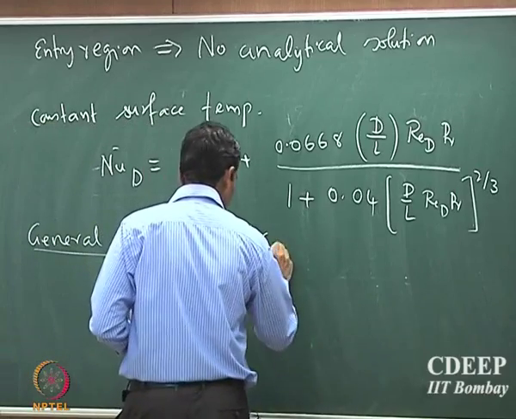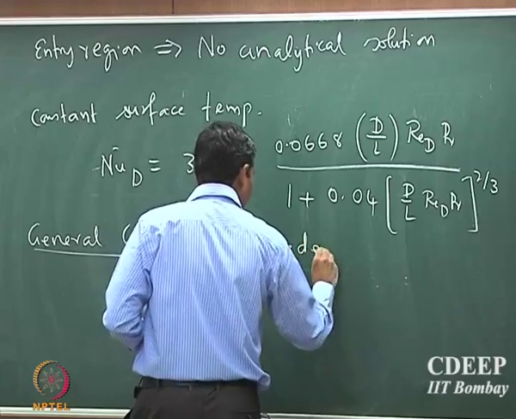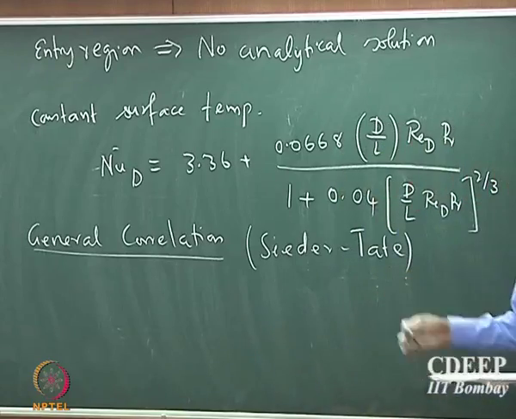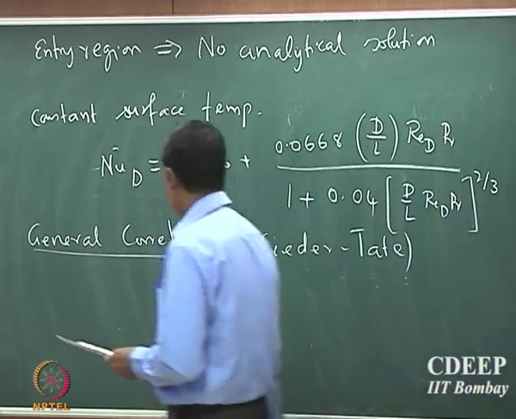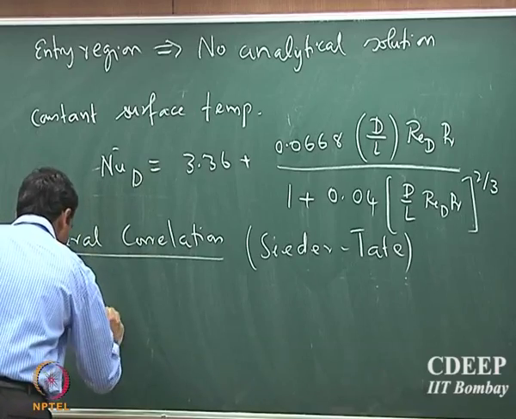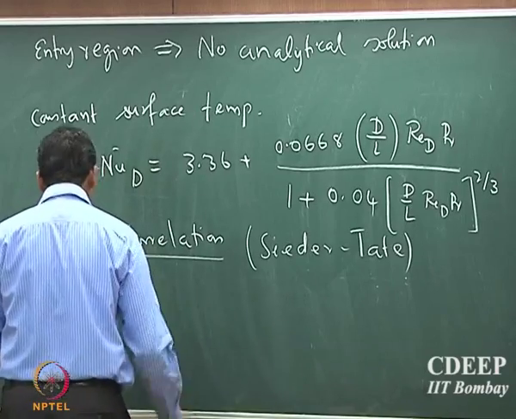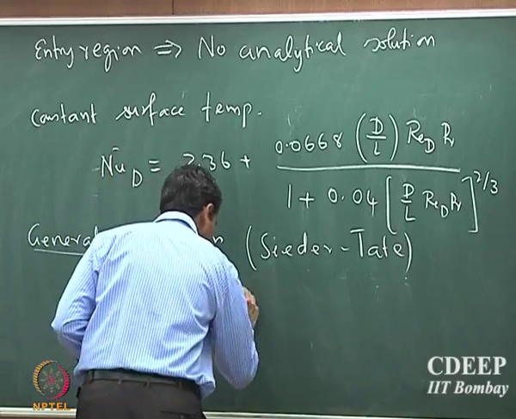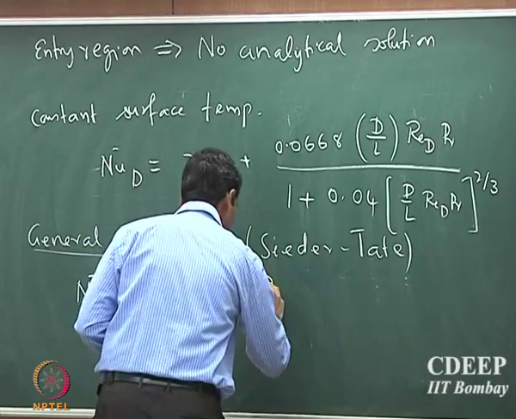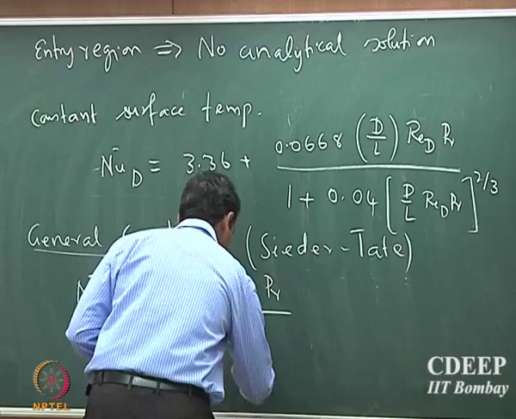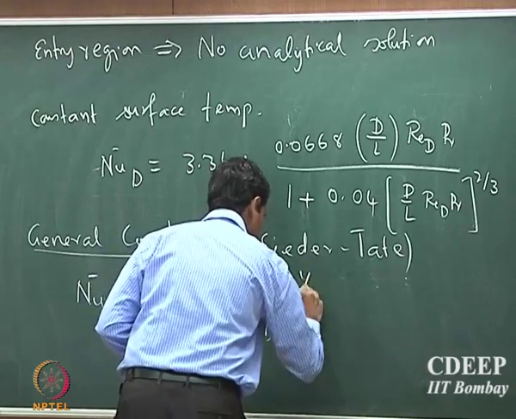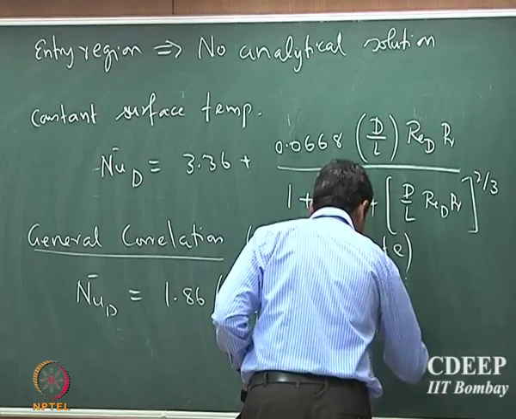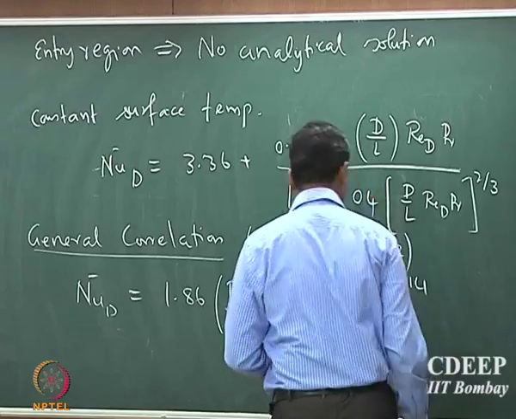It's called the Sieder-Tate equation. Some of you may have already heard this name, Sieder-Tate equation. So, Nusselt number is given by 1.86 times Reynolds number, Prandtl number, to the power of 1 by 3, (D by L) to the power of 1 by 3, (mu by mu s) to the power of 0.14.